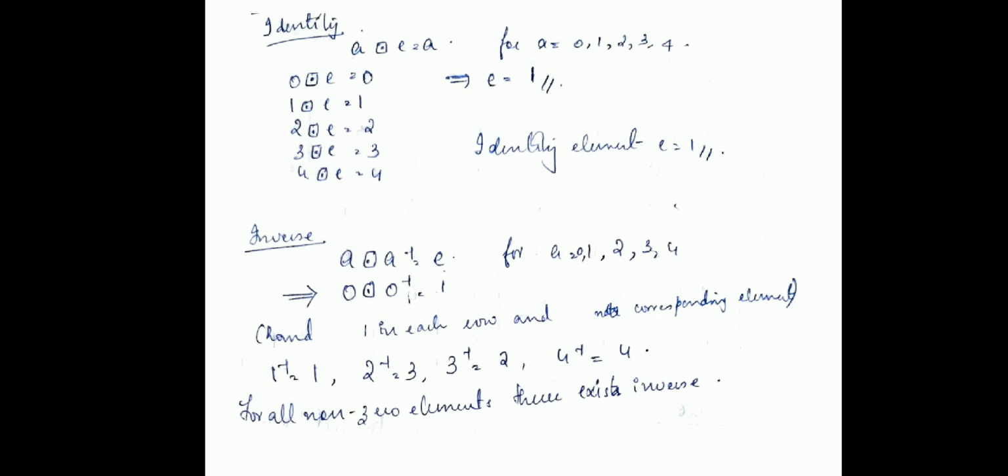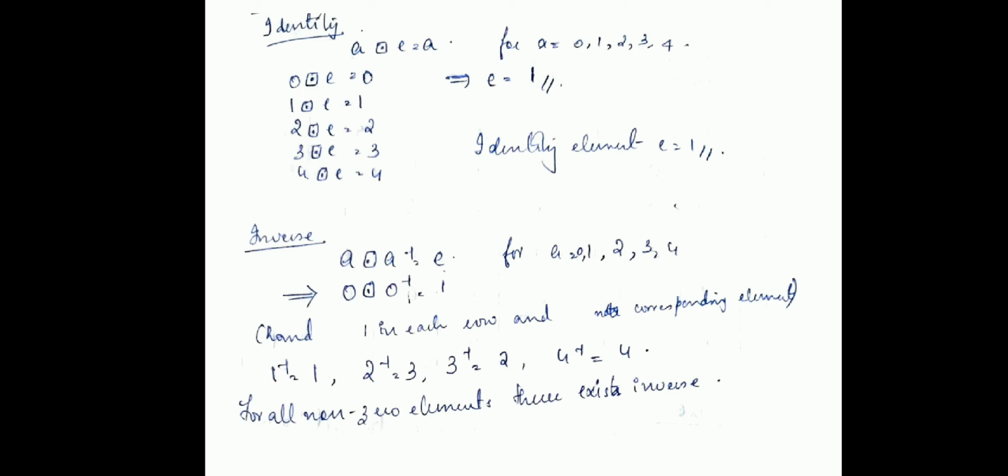Next we can find whether an identity element exists or not. That means A operated on E should be A itself. So 0 operated on E should be 0, 1 operated on E should be 1, 2 operated on E should be 2, 3 operated on E should be 3, and 4 operated on E should be 4.